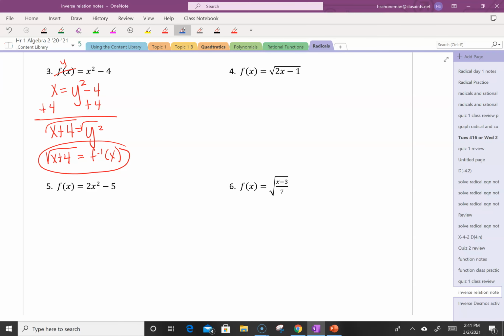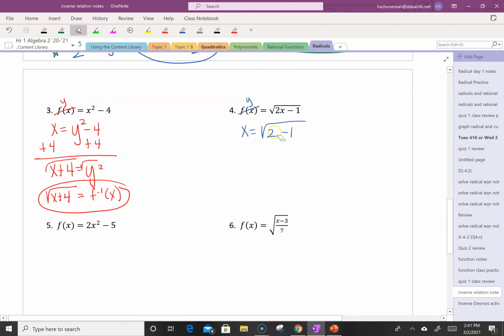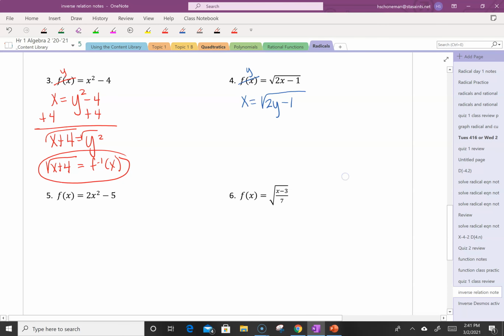Okay, number 4, switch the x and the y, so I have x equals the square root of 2x minus 1. Oh, I did it again. Not paying attention. Okay, so x equals the square root of 2y minus 1. So now we got to square both sides, so I get x squared equals, when I square the radical it cancels and I get 2y minus 1.